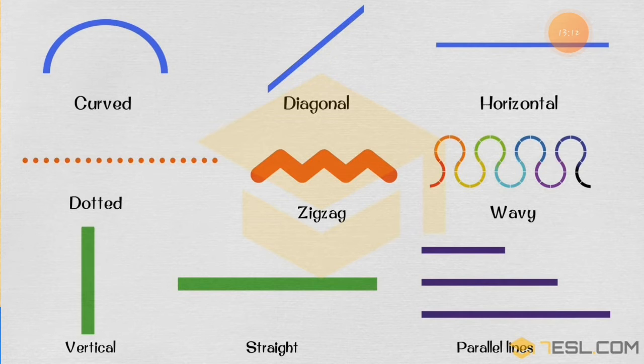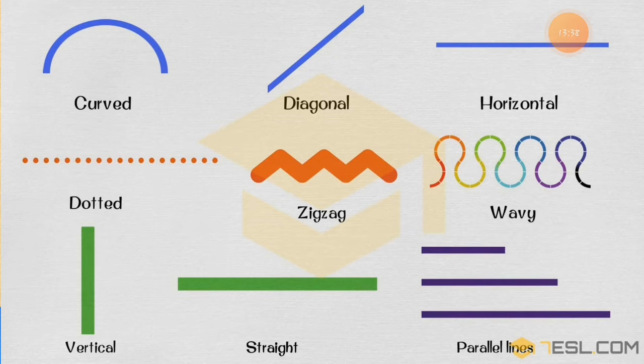Then the vertical line. In green color you can see this. Which line is it? This is the vertical line. What is the other name for the vertical line? Do you remember? In the previous chart we saw the two names of the four main lines. So here the other name is the vertical line.